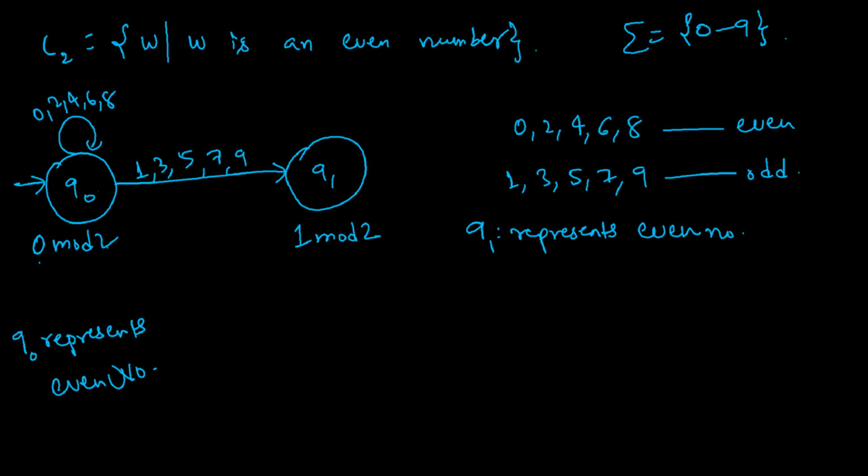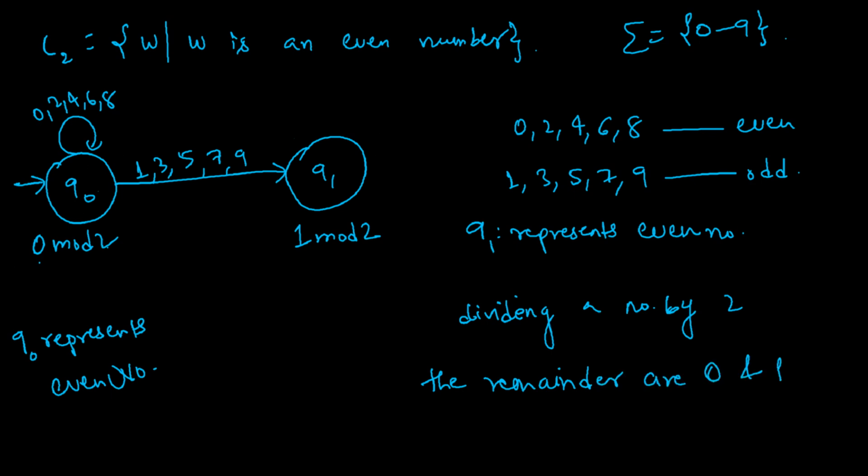Of course, when you divide a number by 2, the remainders are 0 and 1. So Q0 represents 0 mod 2, Q1 represents 1 mod 2, so Q1 represents odd number.